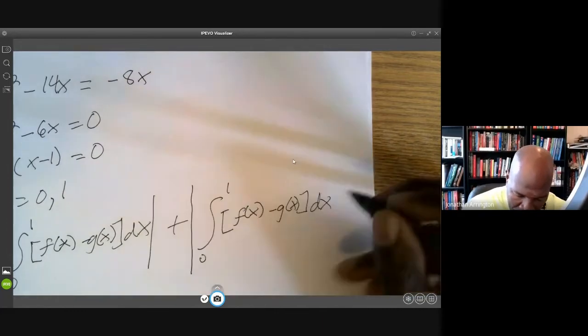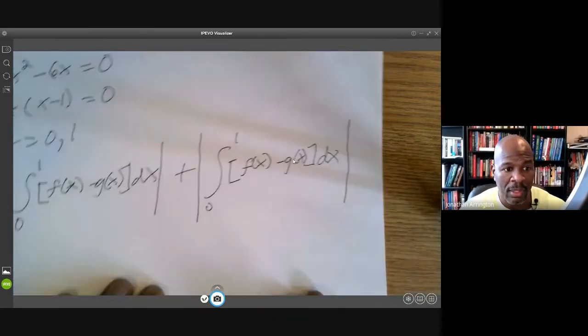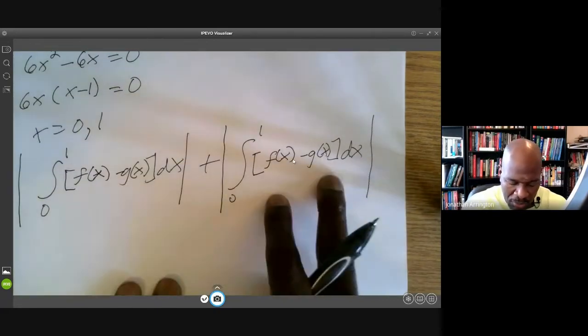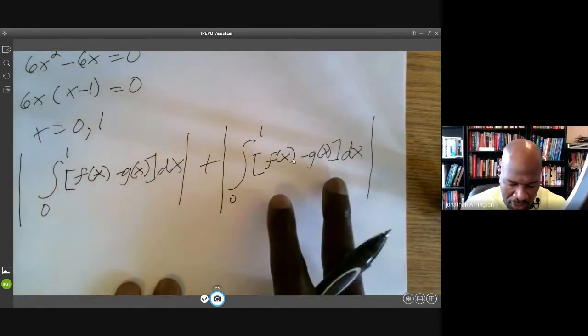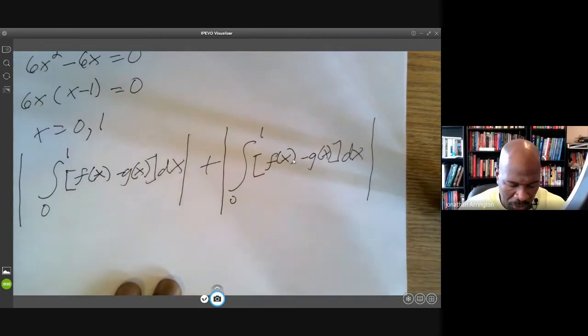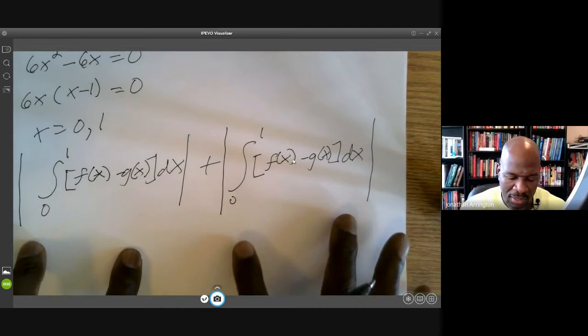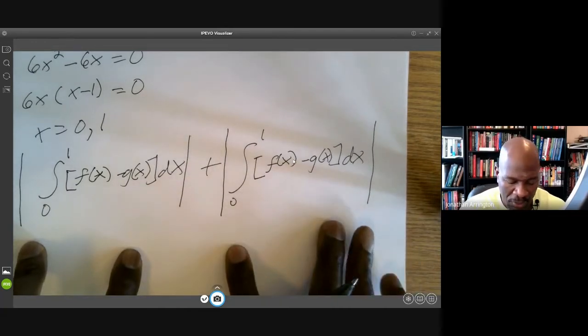So of course, again, just to reiterate, to do this properly, there should be an order change between these two when there's a point of intersection such as this, where they change on who's top and bottom. But if I just take the absolute value of each, I'm allowing myself not to have to worry about that.